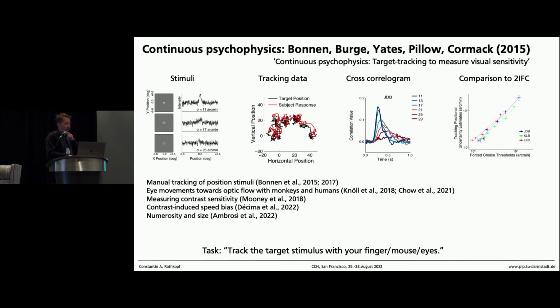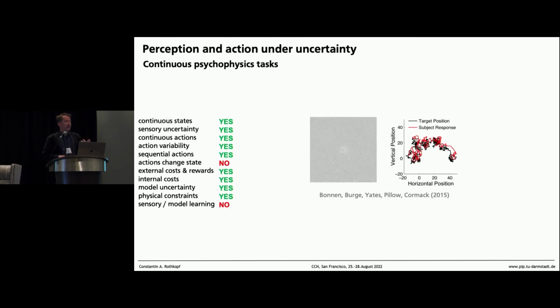All right, so the task here is to track the target with your finger, with a mouse, or with the eyes. And here's why it's really an interesting task, because from the task structure, it has many of the properties of naturalistic tasks. So if you want to say it's on a continuum, it's approaching more naturalistic tasks because the probabilistic structure has many of these uncertainties that make a task naturalistic.